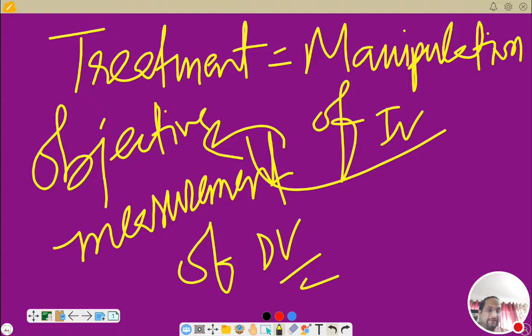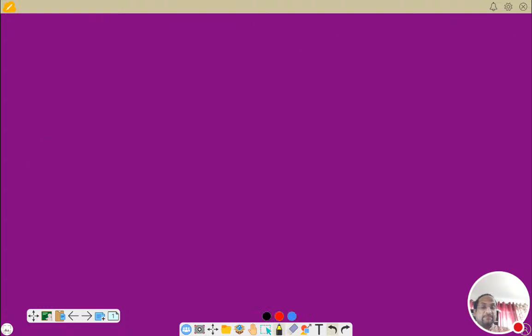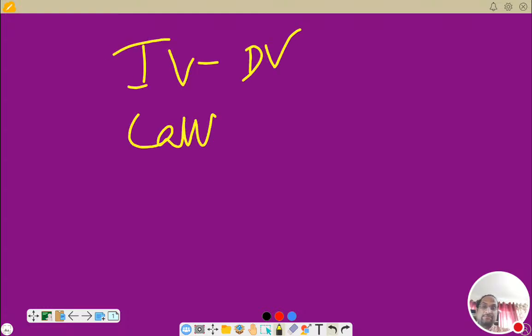Also, effective control of EV, external variable, which needs to be controlled so that we can reach upon an objective and clear IV-DV cause and effect relationship.